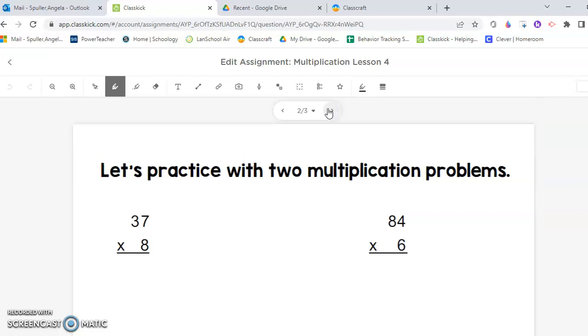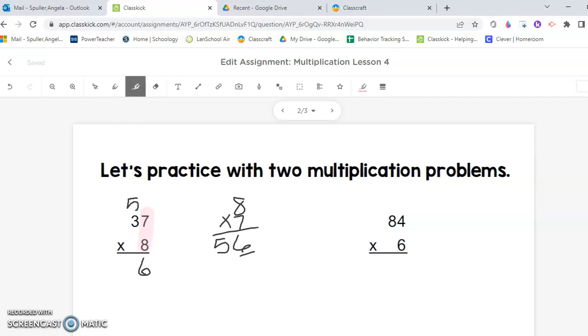Okay, moving on. So go ahead and practice watching me do these together. So first and foremost, we're going to say 8 times 7. Well, I know 8 times 7 is 56. So the 6 is staying down because that's the ones place, and the tens is going up to be regrouped.